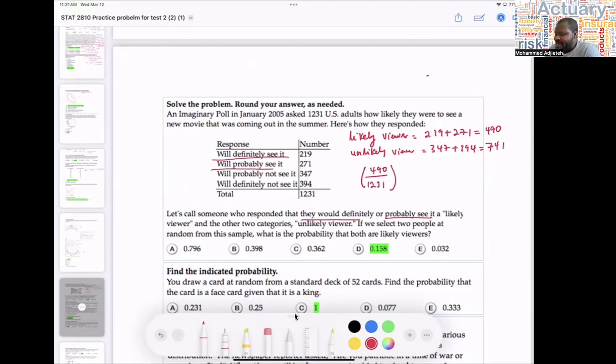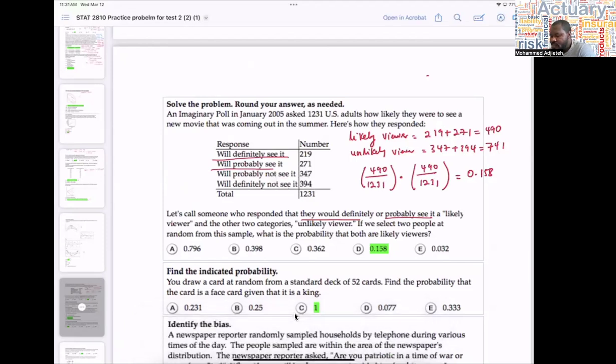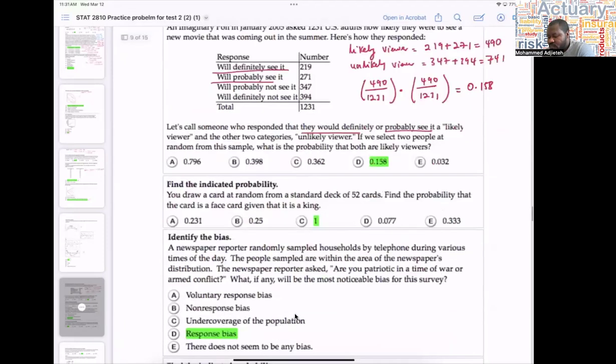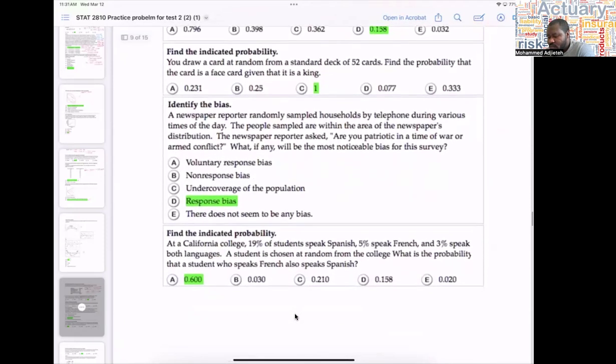And for the second person, 490 divided by 1231. When you do this, you should get 0.158. So that is how to answer that. Now let's proceed to the next one.